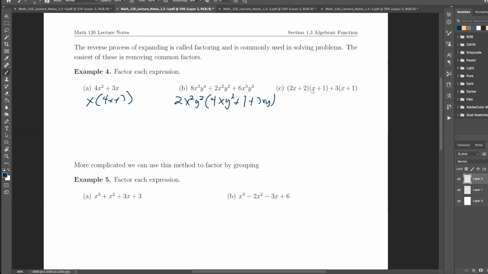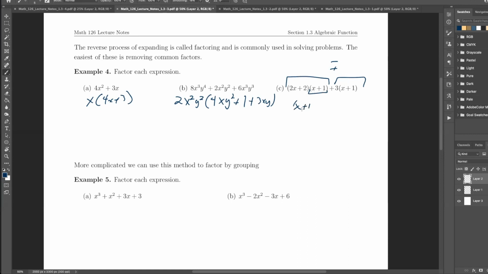Notice here, in both of these I have terms. So this would be the first term right here. This is the second term. Terms in an expression are separated by either a minus sign or a plus sign. So in my first term, I have a factor of x plus 1. My second term, I have a factor of x plus 1.